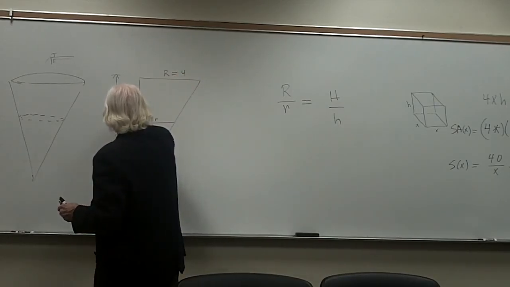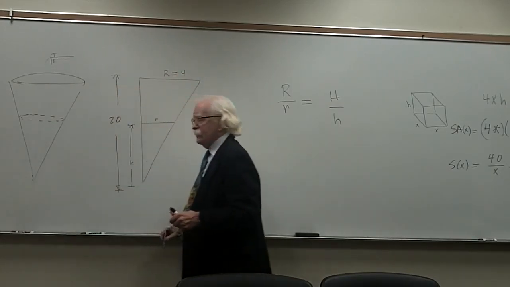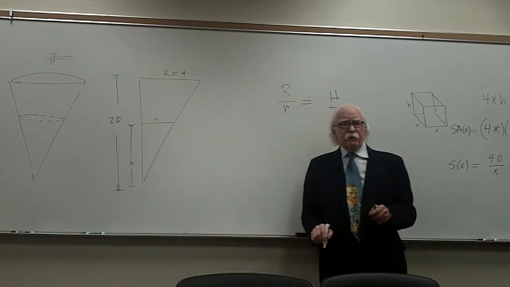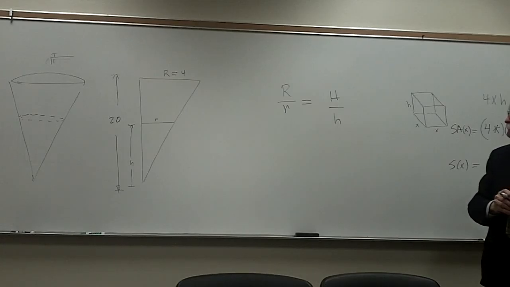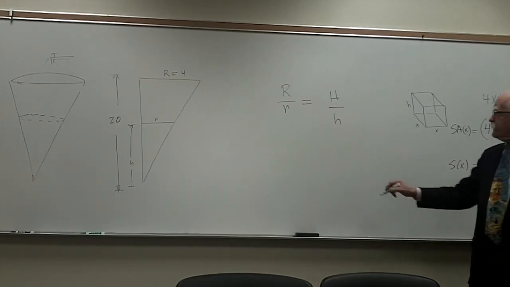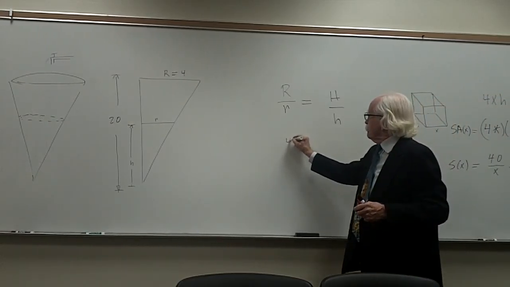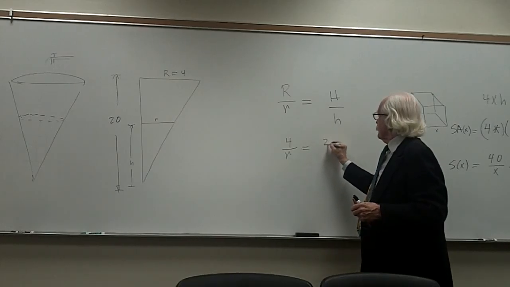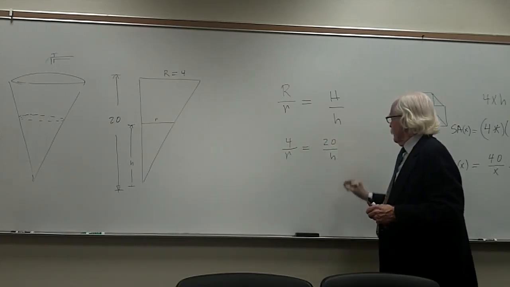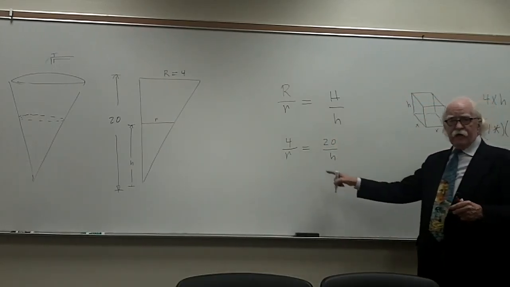Let's make this 20. Let's make that 4 and 20. So if that is the case, then this would become 4, this would become R, this would become 20, this is h, right?